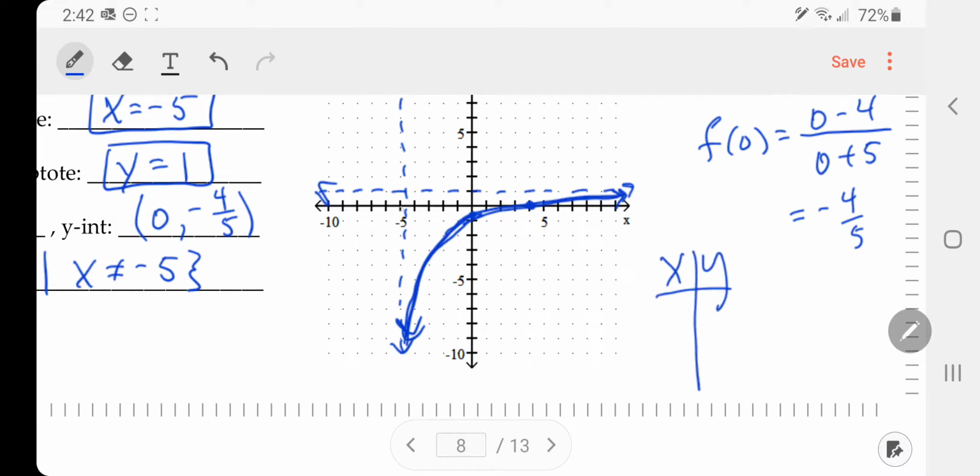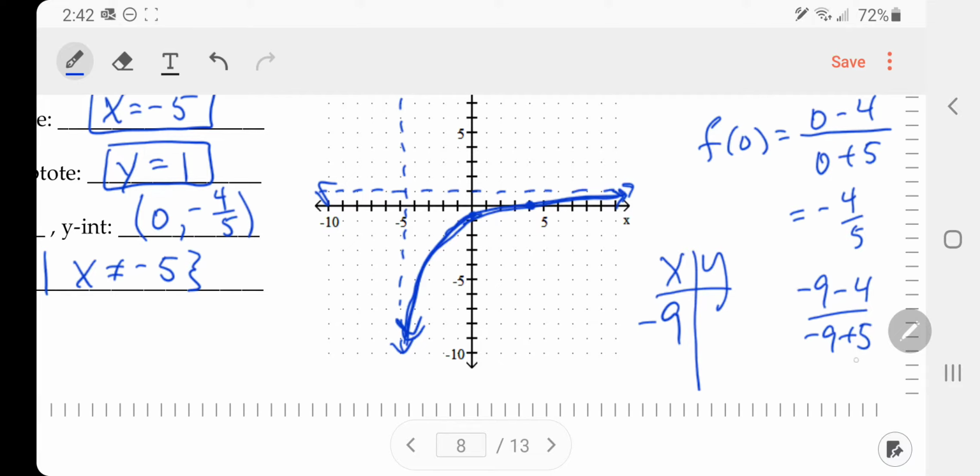And I want to pick a number that is to the left of the vertical asymptote. I don't know, how about -9 just for fun? Just to pick a random way negative number over there. And to figure that out, we're going to plug that into the function, okay? -9 minus 4 over -9 plus 5, what is that going to be?